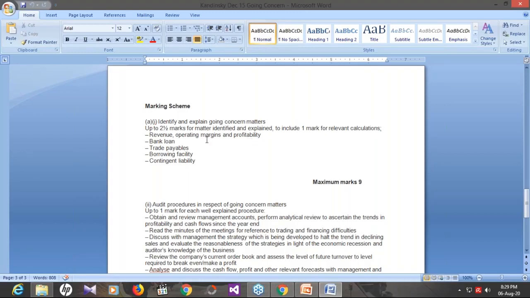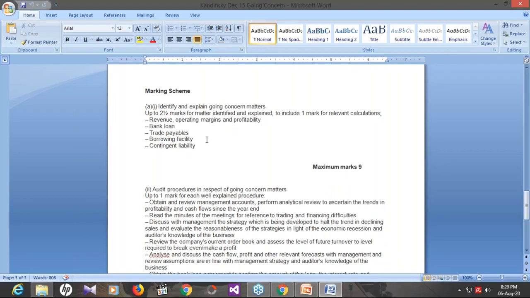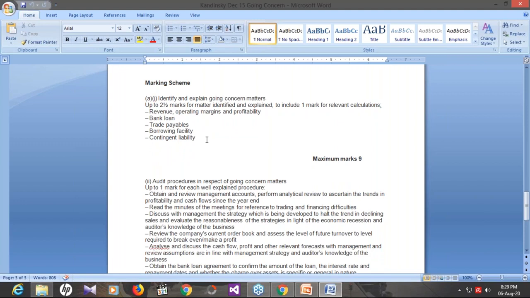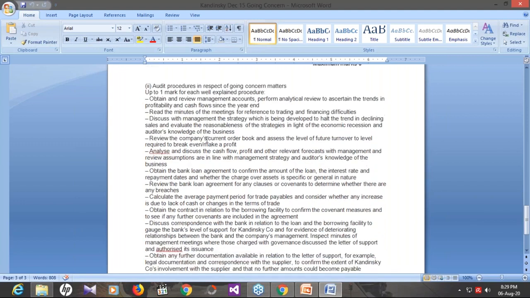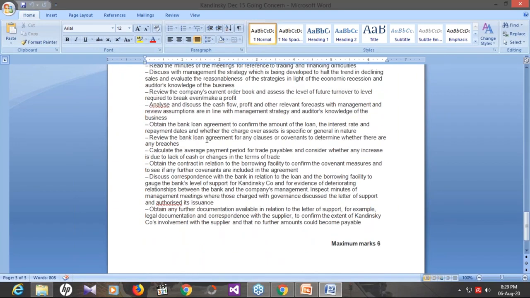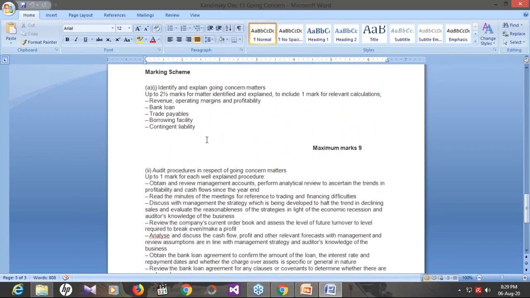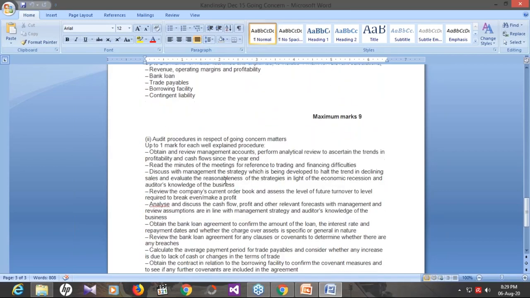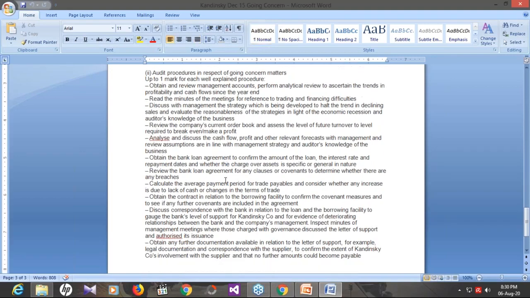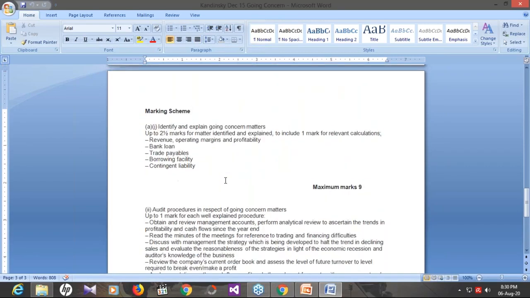It depends on the explanation that students have provided. The discussion of bank loan, trade payables, all these are the regular items, and these are some procedures that can be, you can see, for 6 marks. You can see there are more than 10 procedures. So you have to consider these things as well.